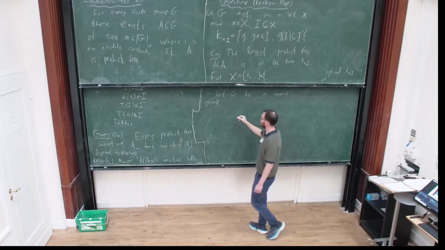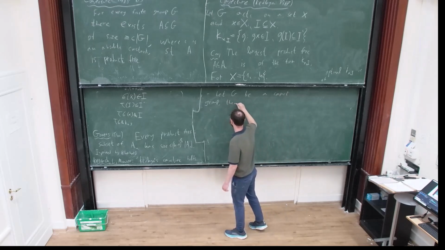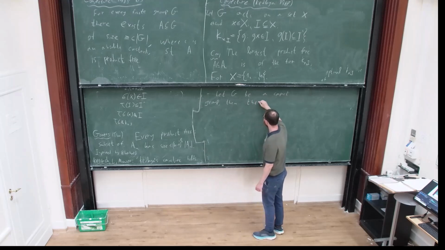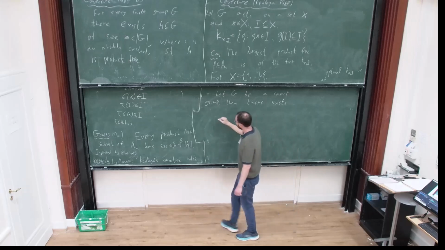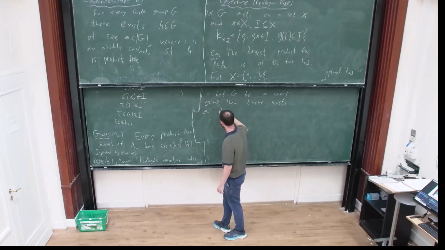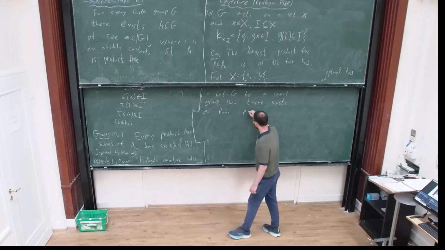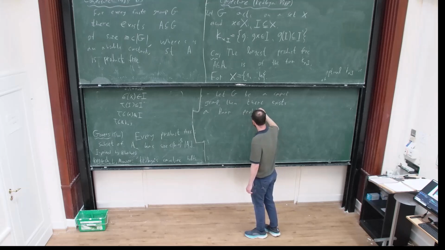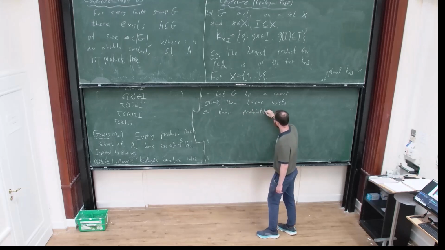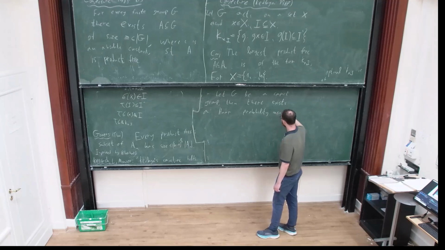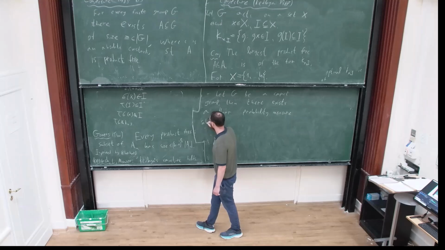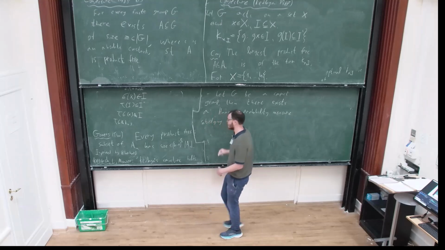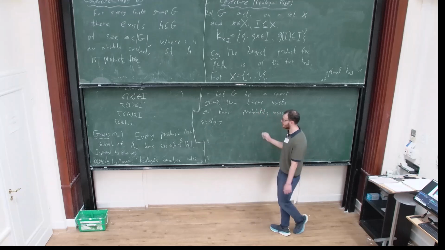Then there exists a Haar probability measure. It's a measure that is both left invariant and right invariant in the case of compact groups.